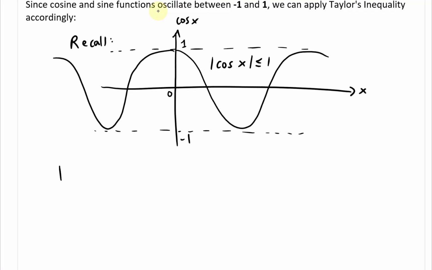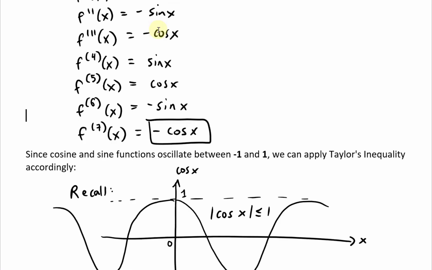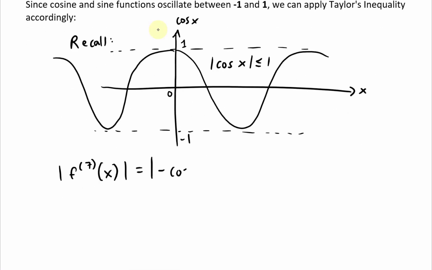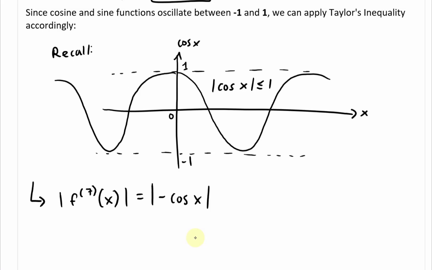So the absolute value of the 7th derivative equals the absolute value of negative cosine of x, which is less than or equal to 1. And this is going to be our M value. So we'll just choose M is equal to 1.